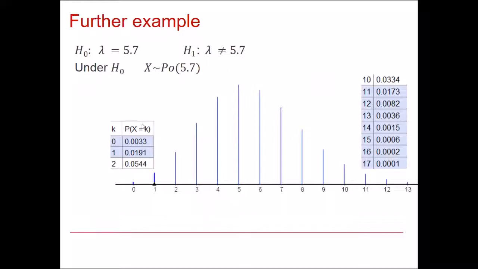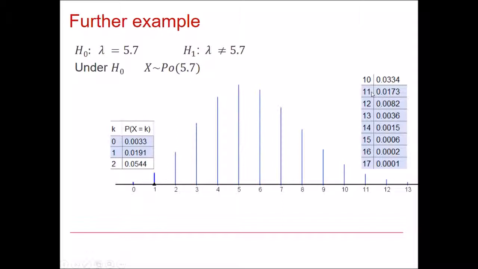So in order to find the critical regions, at the lower end, we're looking for a value for which the probability that x is less than or equal to that value is going to be less than 5%. And you can see at the lower tail that if I was to take 2 or less, that's going to be greater than 5%, but 1 or less adds up to give me a probability of less than 0.05. It's the same at the upper tail.